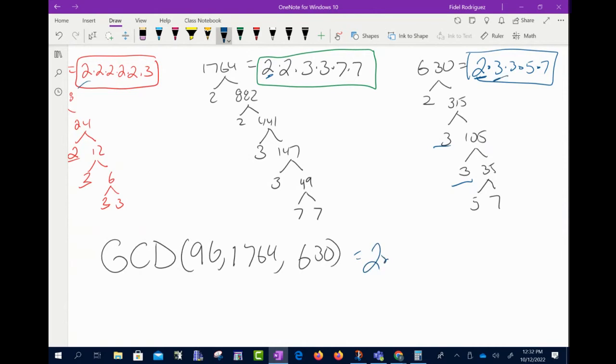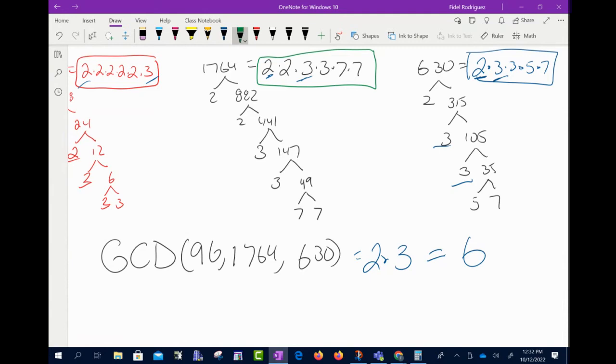It looks like we can take 1 3 from all of them. So what's 2 times 3? 6. That's the greatest common divisor. That's the biggest number, y'all, that's going to divide into all 3 of those there, okay? So remember, greatest common divisor is the biggest number that you can divide into 96, 1764, and 630.